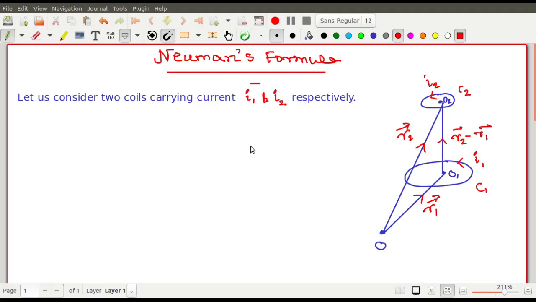So you see that this coil C1 will definitely produce a magnetic field at the region of coil C2. So let us try to write it.